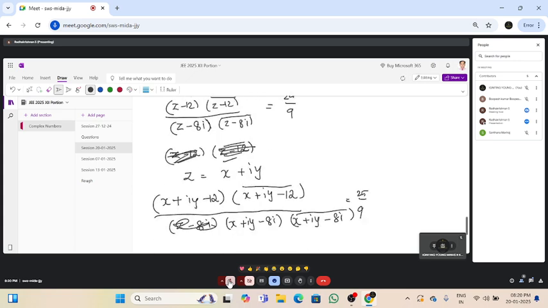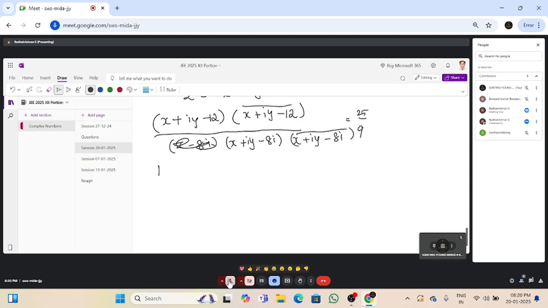So you can simply take mod of Z minus 12 divided by mod of Z minus 8i, equal to mod of (X plus iY minus 12) divided by mod of (X plus iY minus 8i). And what is the numerator now? X minus 12.